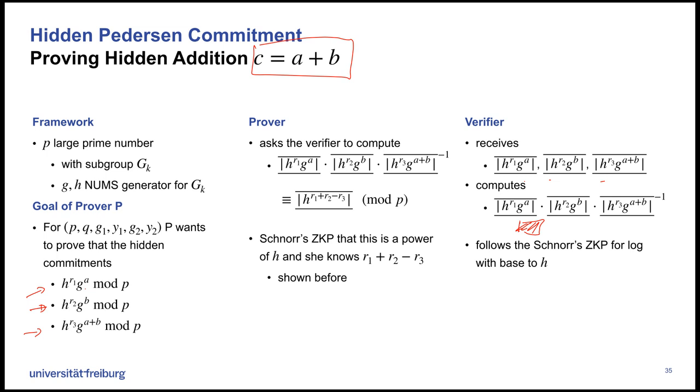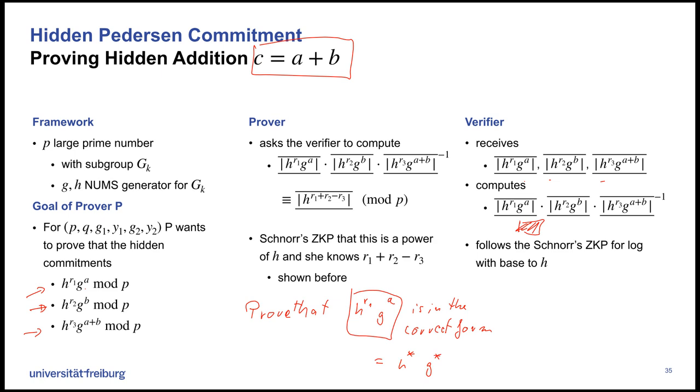Now maybe what is missing here is that you have to prove that these commitments are in the right form, that H to the R and G to the A is in the correct form. Because it could be that there could be more information with some other exponents, and correct form means that this is something like H to some star and G to some star.